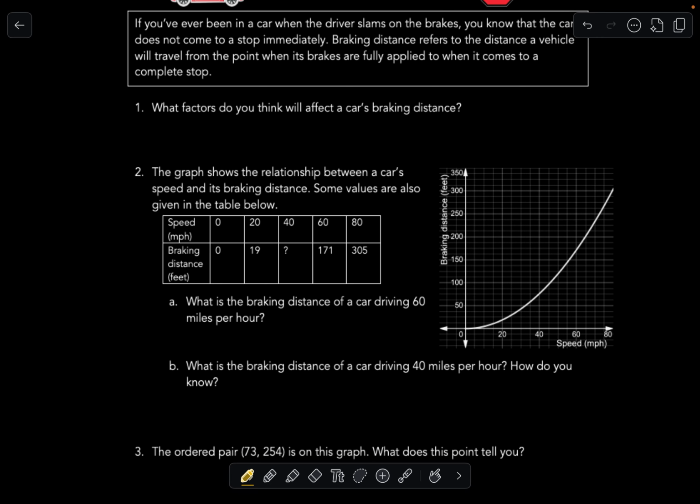So what I would say is the make of car, specifically, how good are the brakes? Are they old? Are they mushy?